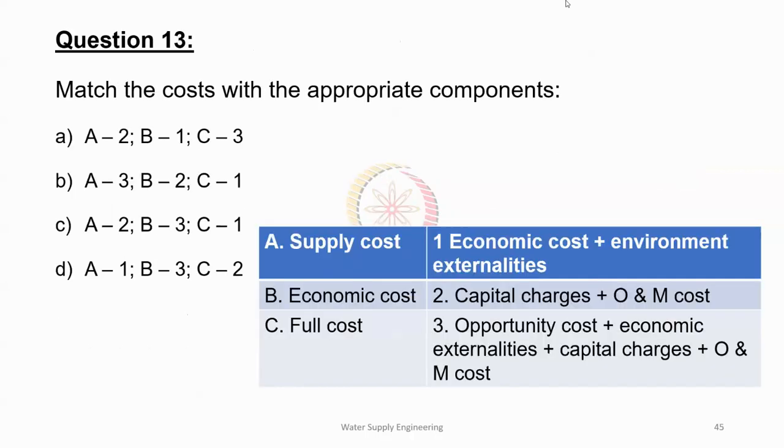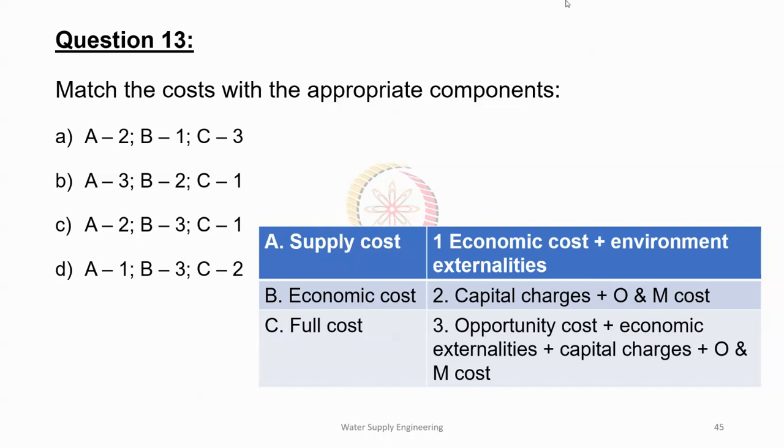Question number 13, match the cost with appropriate components. So in column 1 we have A, supply cost, B, economic cost, C, full cost. In second column we have one, economic cost plus environment externalities. Second one, capital charges plus operation and maintenance cost. And third one, opportunity cost plus economic externalities plus capital charges plus operation and maintenance cost.